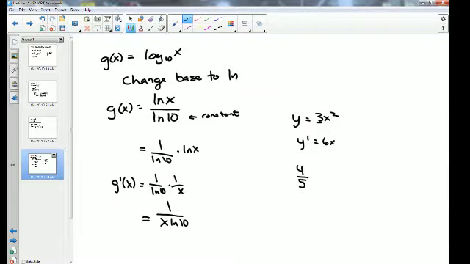Can I rewrite it like this? Yeah, that's what I did. All right, glad we got past that.